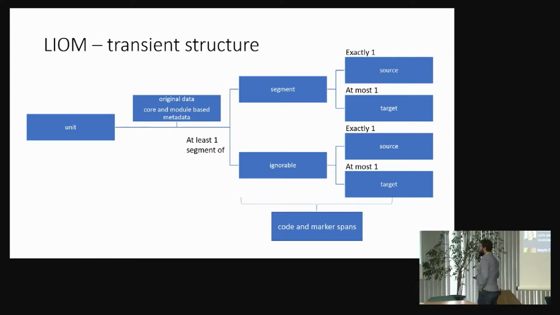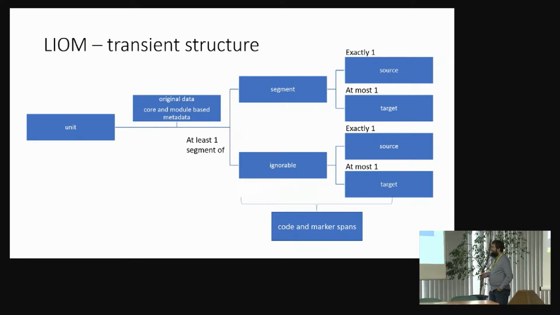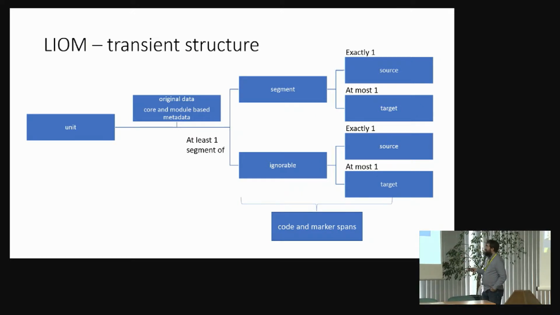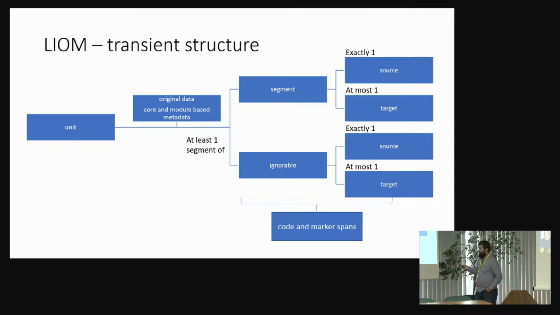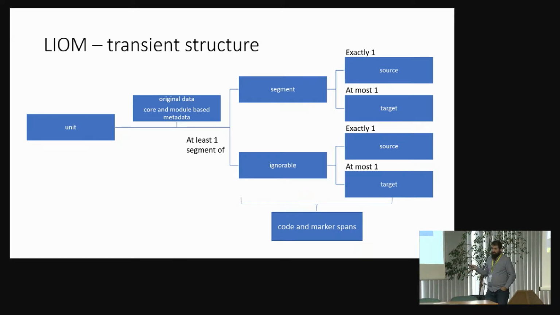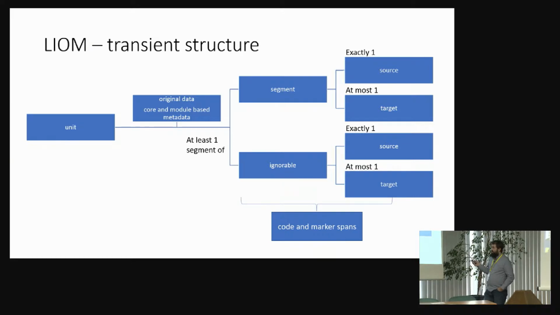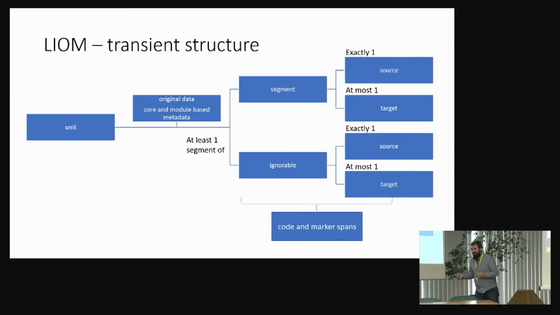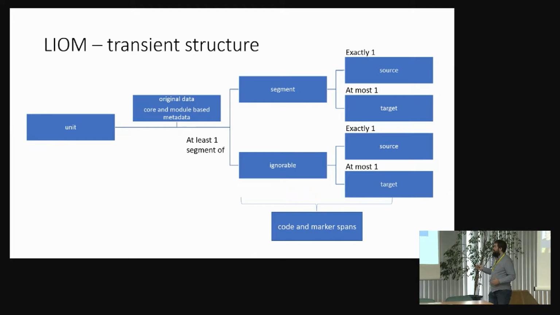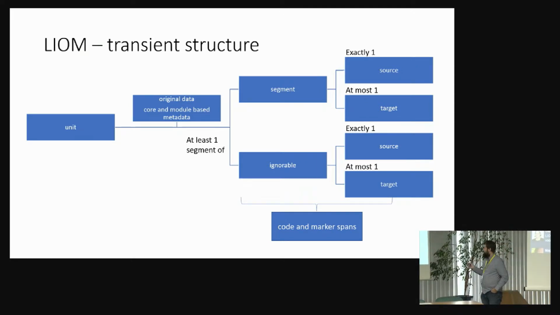So unit is self-contained. Segment and ignorable are well-formed XML tags, but in the object model of the bitext they can be spanned by code and marker spans that are, from the XML point of view, empty elements in the source or in the target. The source and target have the same data model, and the segment and ignorable have the same data model.